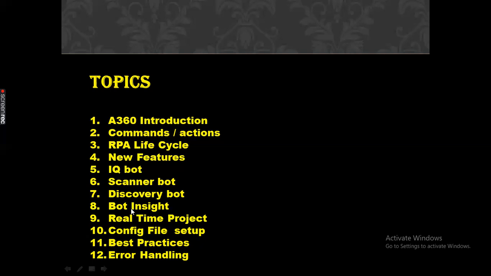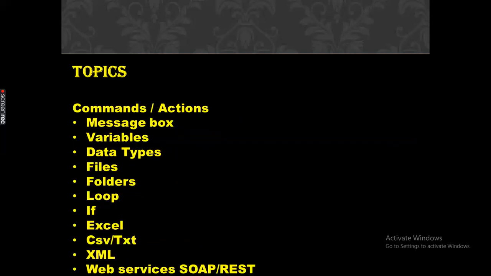And like a configuration file setup, best practices, error handling. So in an RPA process, we are not supposed to hard code any value in the programming. So we should fetch each and every value from the configuration file or dynamic inputs. So we are going to cover configuration file setup and error handling best practices mechanism as well.